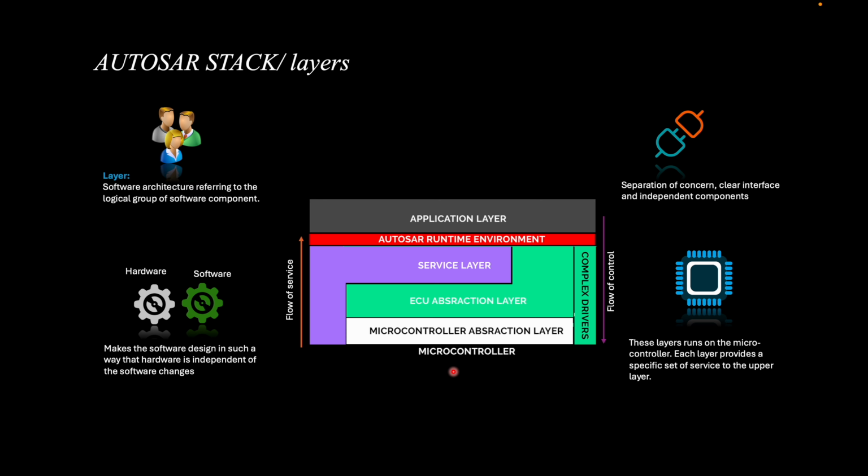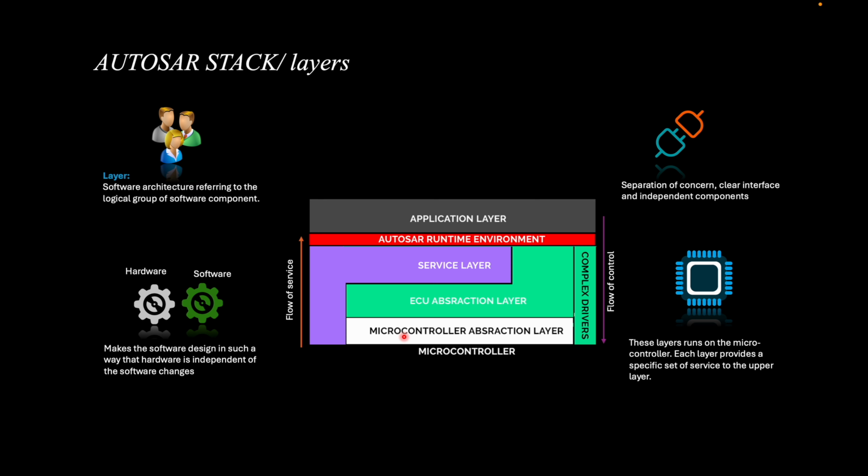That is what the complex device driver is meant for, but it does not mean you can use it whenever you need. You need a specific application for it, and that is why it is developed. And over here if you see, we have two flow arrows. The first is the service flow.